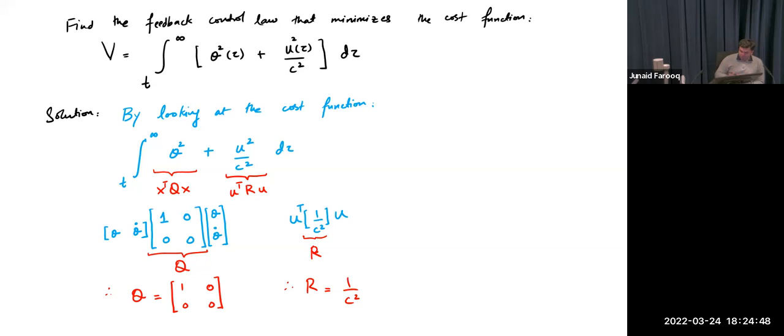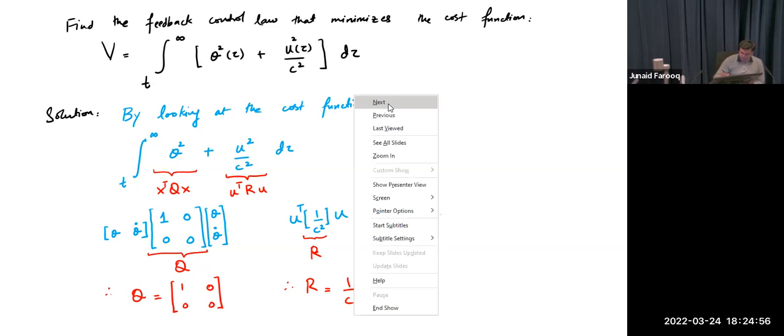Okay, so having identified Q and R, what we need to do next is to find the solution to the algebraic Riccati equation. Remember, we are looking at an infinite horizon case, so we require the solution to an algebraic Riccati equation.